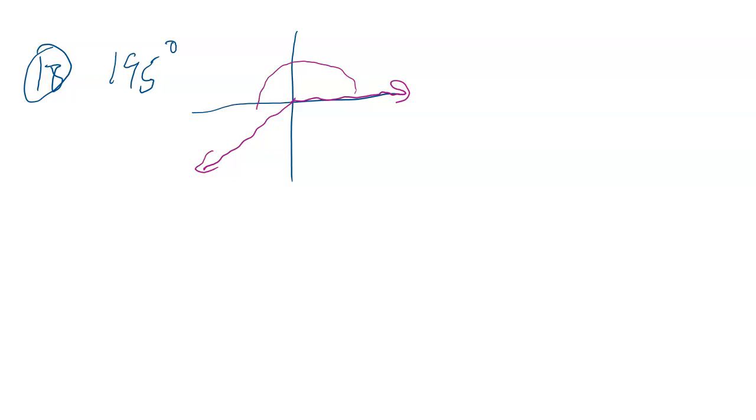Yeah, this is my 195. And my reference angle is going to be the positive angle between the terminal side and the x-axis. I know this is 180 degrees, so the reference angle is 15 degrees. Good. Excellent. These will go fast, I'm hoping.